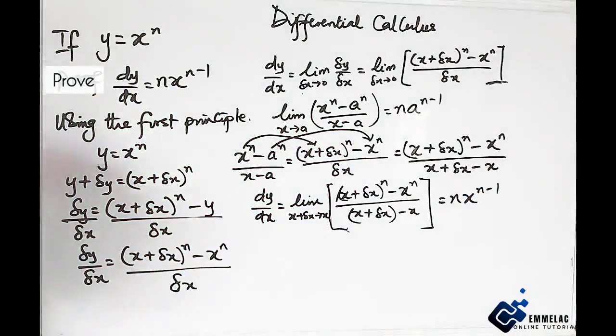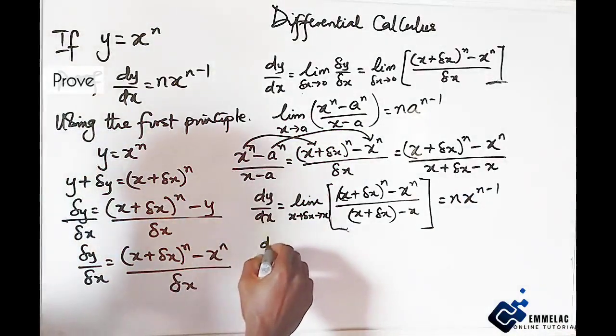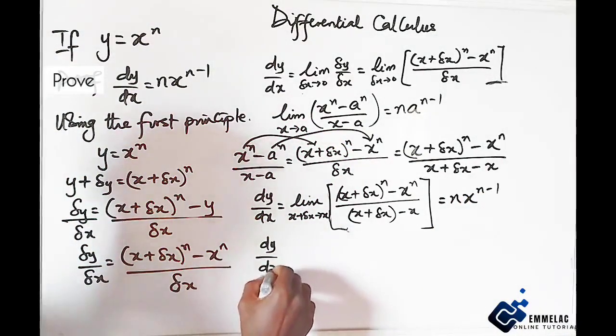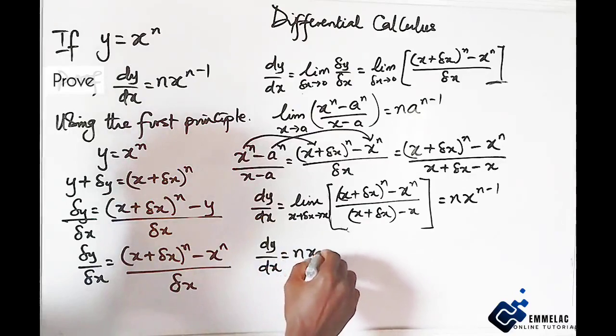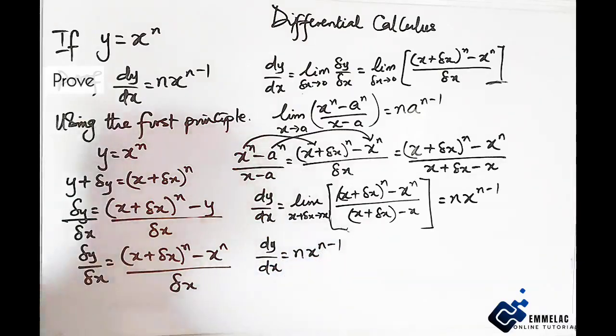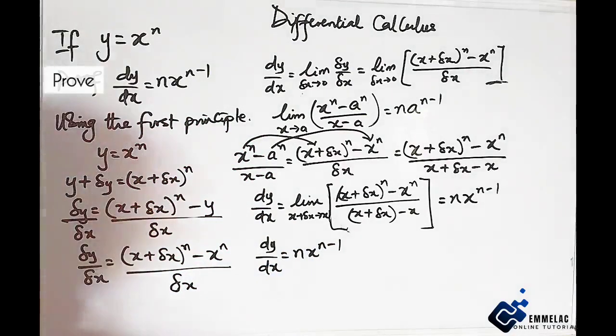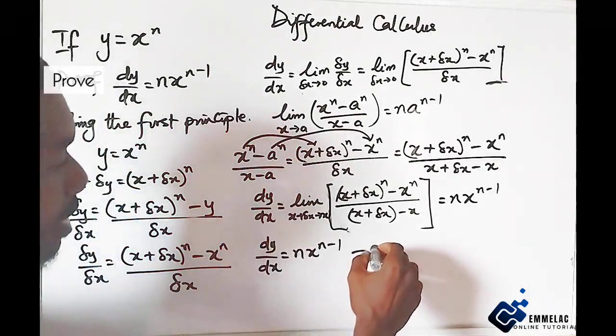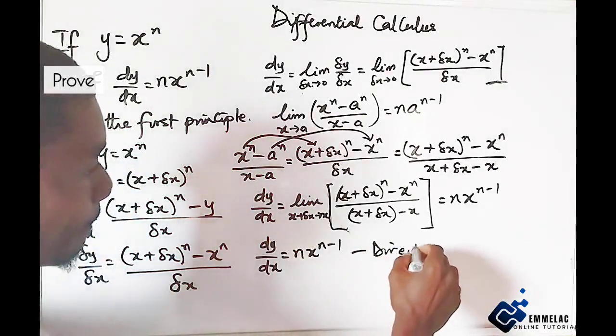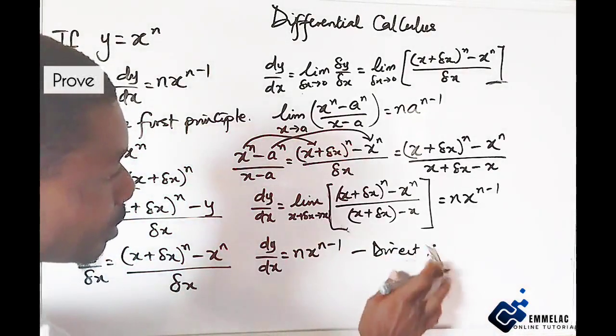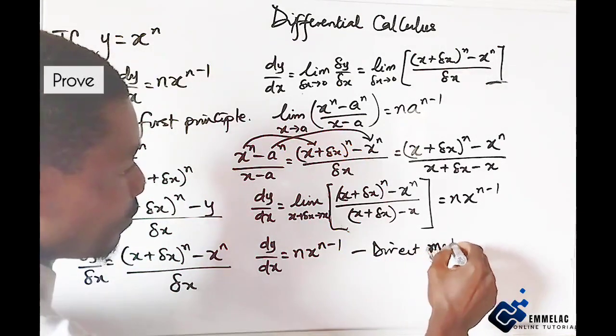So it implies that dy over dx equals nx to the power of n minus 1. So we've proven that, and this happens to be the direct method of differentiation.